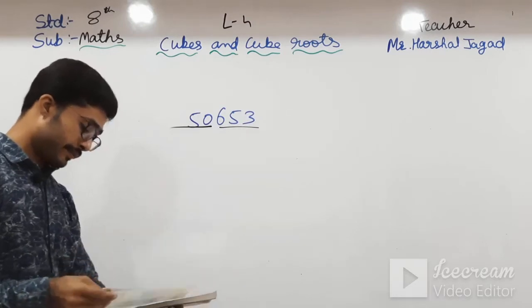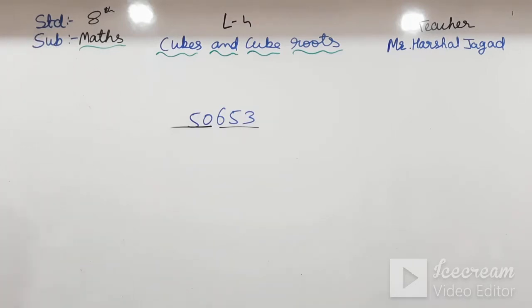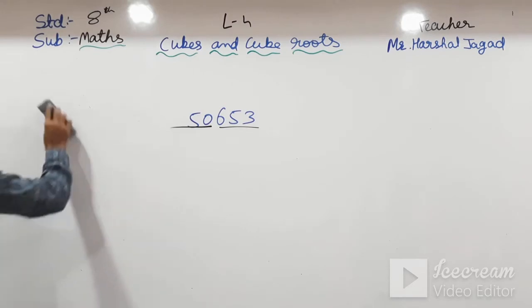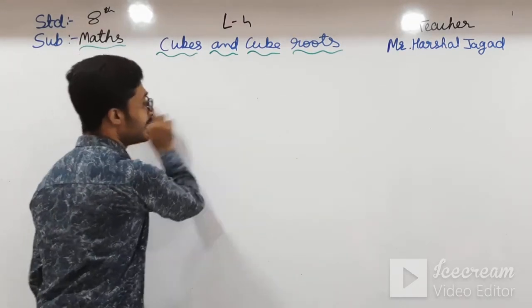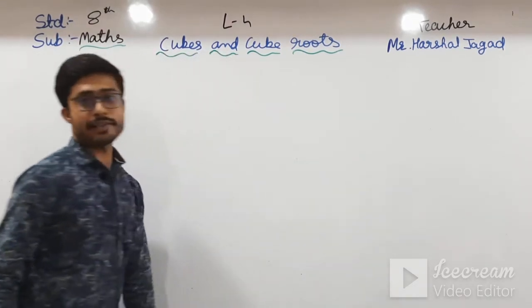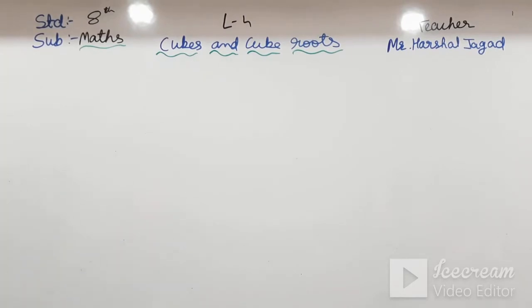And next we will see the next topic, that is estimation, finding the cube root using the unit digit. This method also we have seen in the previous class on estimation. So how is it done?